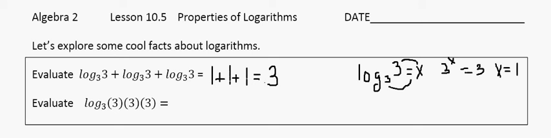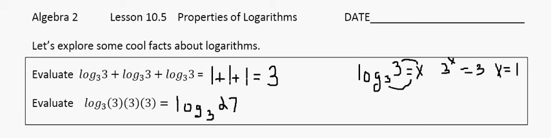Now let's look at the second expression down here. Evaluate log base 3 of 3 times 3 times 3. We can go ahead and multiply 3 times 3 times 3, so that we end up with log base 3 of 27.